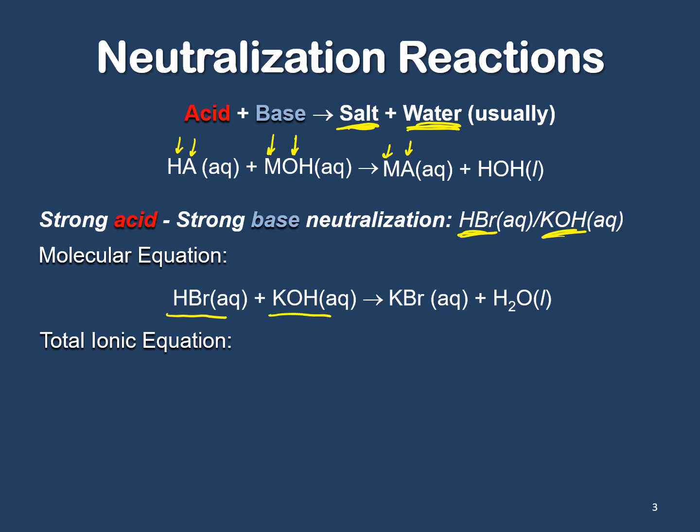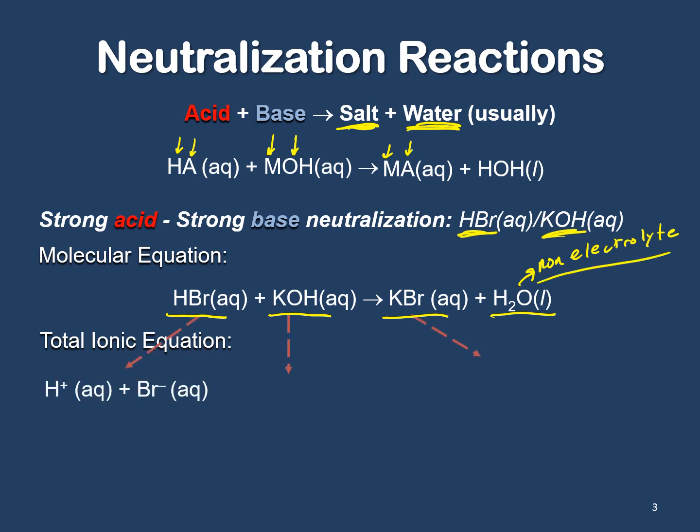KOH, strong base, definitely a strong electrolyte. KBr, soluble ionic compound, definitely a strong electrolyte. H2O, molecular compound, non-electrolyte. Right? So this guy doesn't get split up, but everything else does.